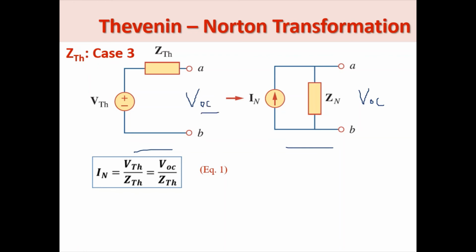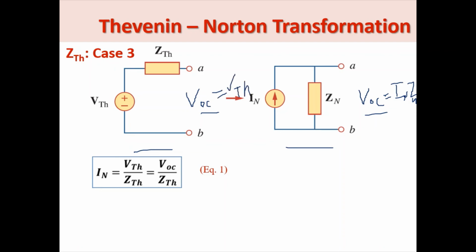These voltages should be equal, and based on the Norton's equivalent, we can say that this voltage should be equal to I sub n times Zn, and here this should be equal to V sub th.